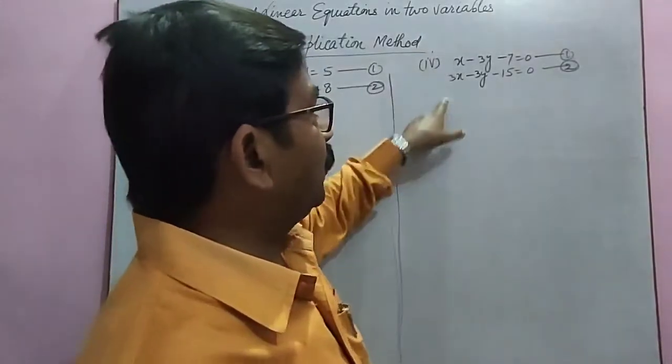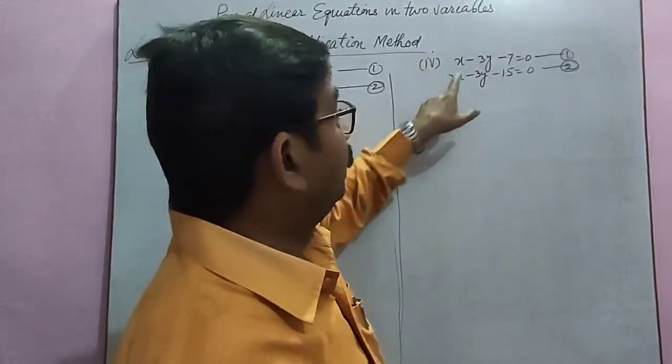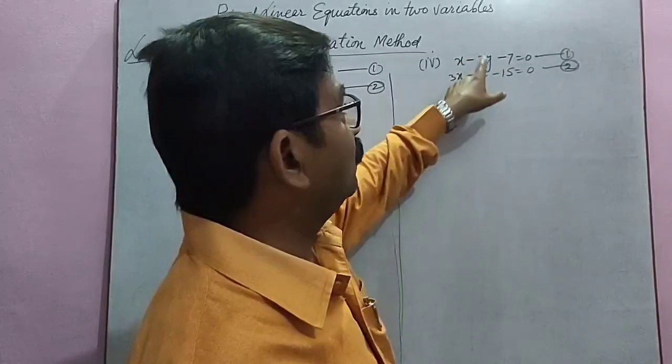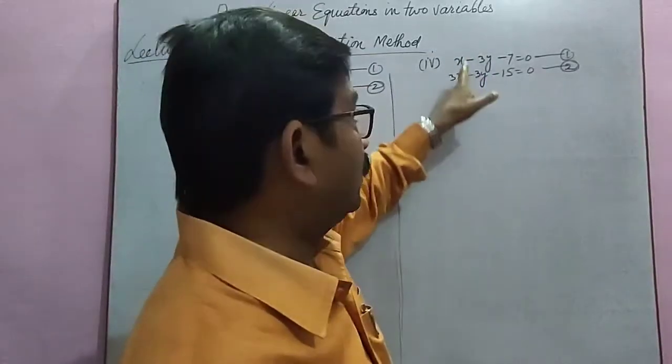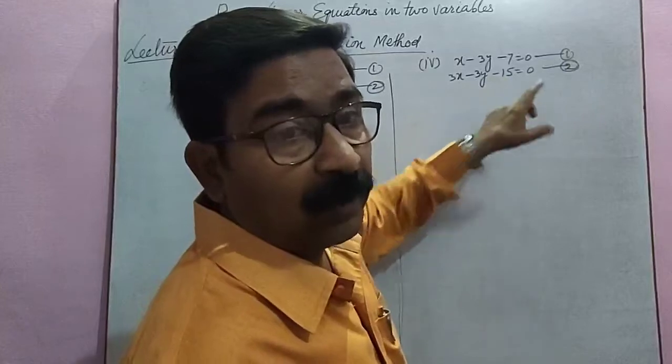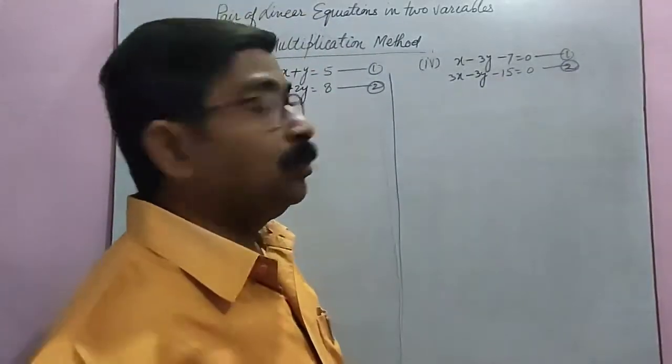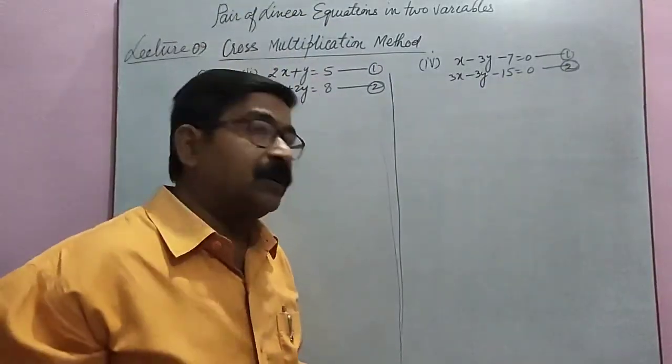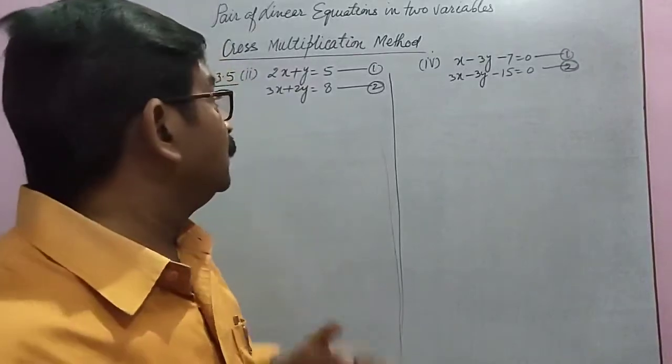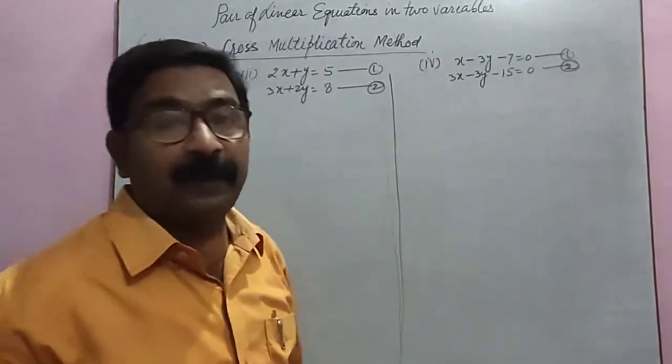Here a1 upon a2 is 1 upon 3. b1 upon b2 is minus 1 upon minus 3, that is 1. So 1 upon 3 is not equal to 1, means unique solution. So you have to check it, and further we have to solve the equations by cross multiplication method.